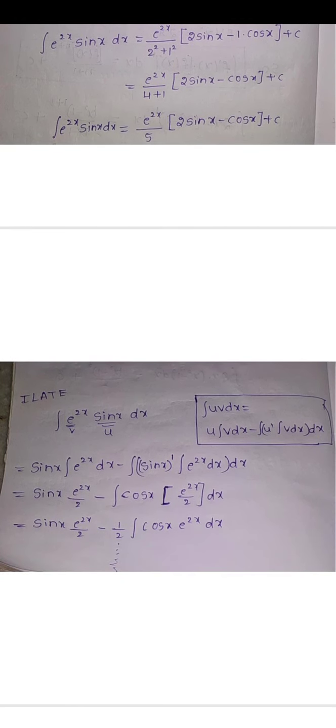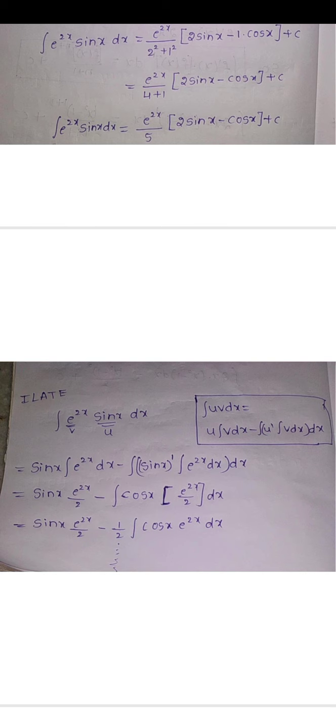Here you can see the integral e power 2x sin x dx. Here two functions are there, so we have to go through the ILATE rule. What does the ILATE rule tell? I means inverse, L means logarithm, A is algebraic, T is trigonometric, and E is exponential. Here sin x is trigonometric. What is the place of trigonometric? 4.